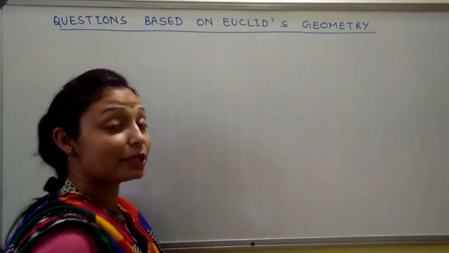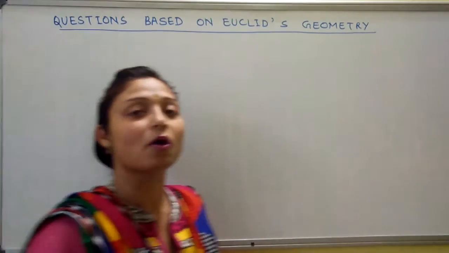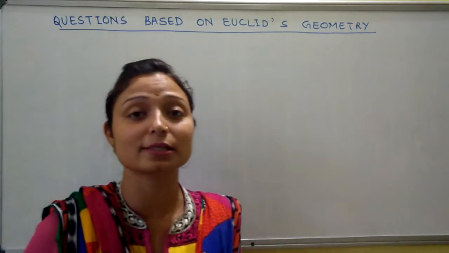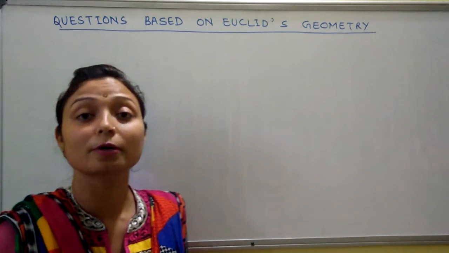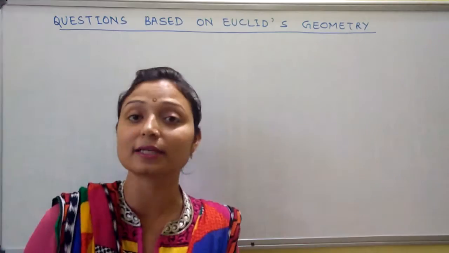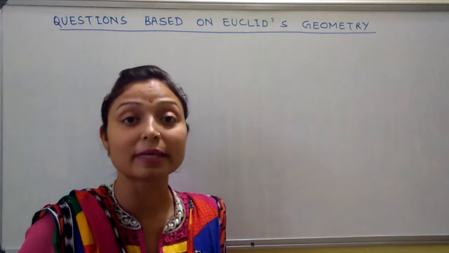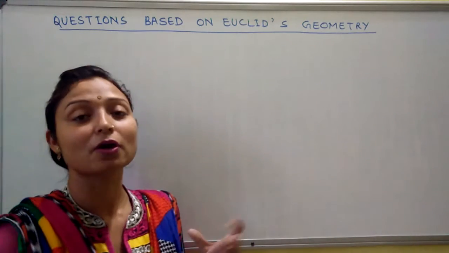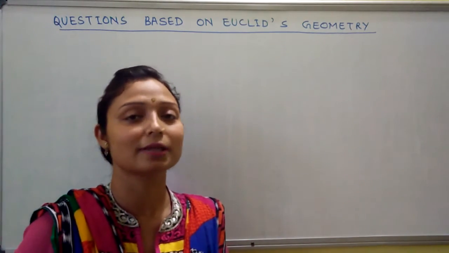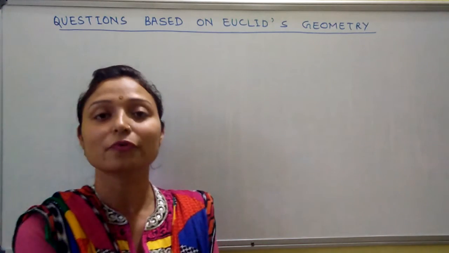In Euclid geometry, I have already explained the axioms, postulates, theorems, corollaries, what is a line, what is a point, what is a plane. On the basis of that concept, we have 3 or 4 questions in NCERT. So first of all I will do those questions.